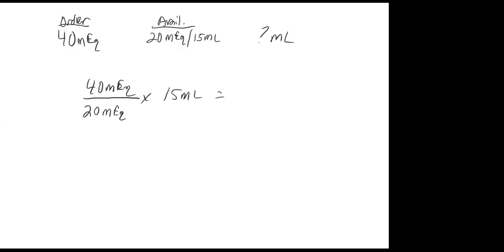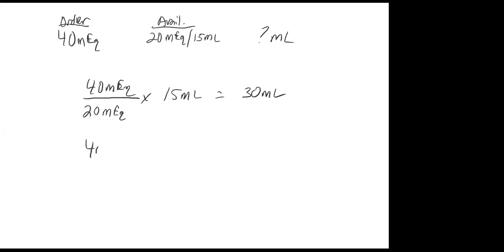Now, when I do that, 40 over 20 is the same thing as 2, so you just get 30 milliliters. Now, if you don't like desired over have and you prefer dimensional analysis, this is how you would solve this question.